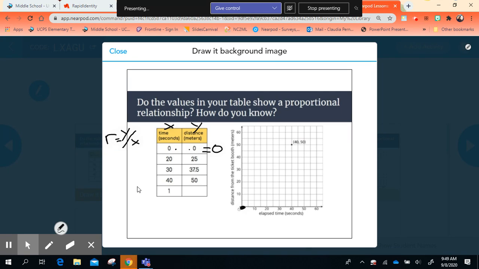But if I do 25 divided by 20, what does that give me? 0.25. Can we all confirm this? 37.5 divided by 30. 1.25.